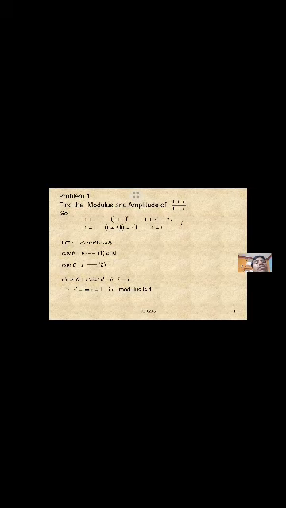Square equation 1 and square equation 2. That means we square the left side terms and add them on one side, and square the right side terms and add them on the other side.